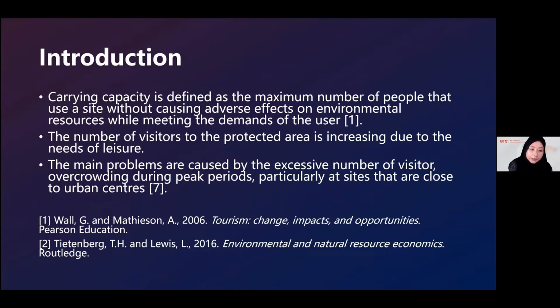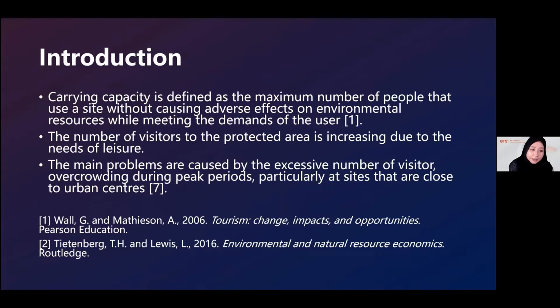Okay, so carrying capacity is actually we have some calculation to put into the analysis. It's the maximum number of people that use a site without causing adverse effects, or we can call it a limited access to the visitors or tourists.